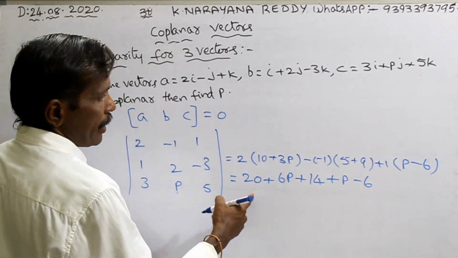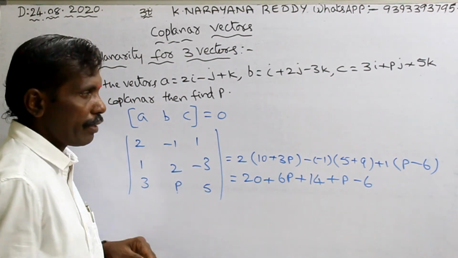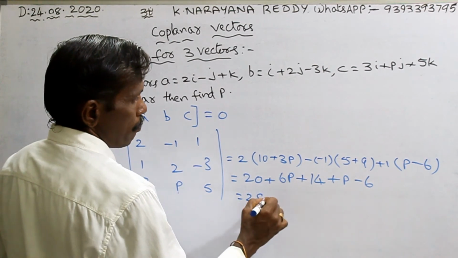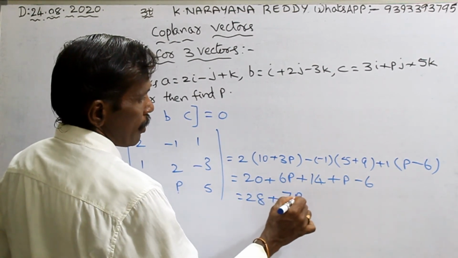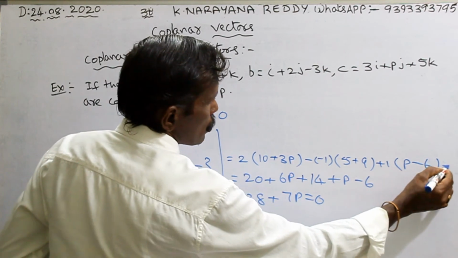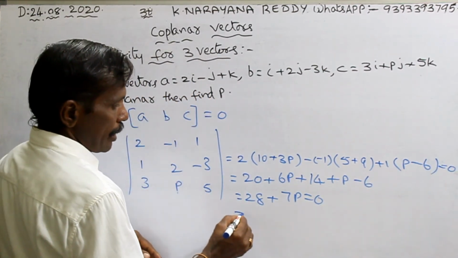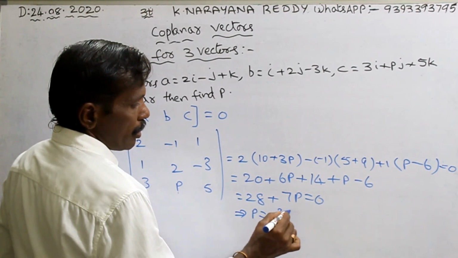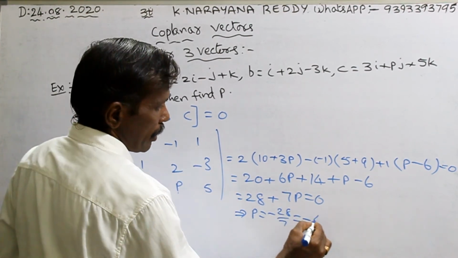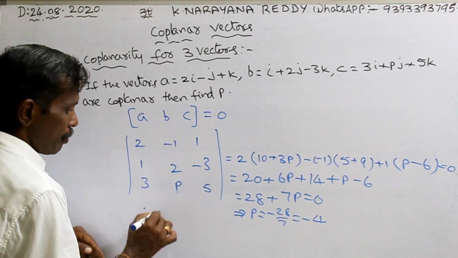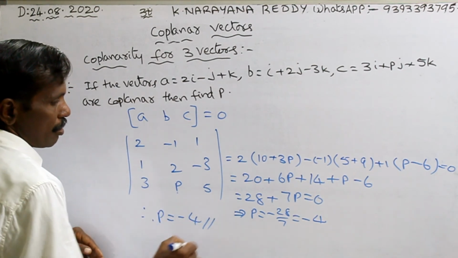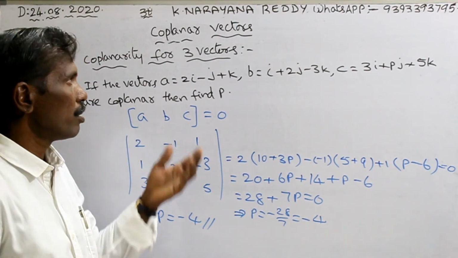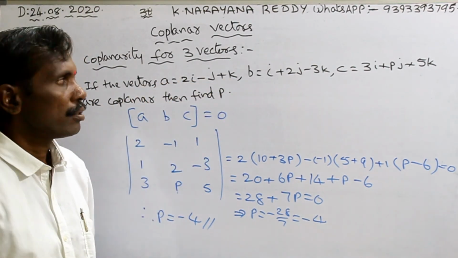Okay, 20 plus 14 is 34, minus 6 is 28, plus 6p plus p, 7p equals 0. Okay, this implies p equals minus 28 by 7, minus 4. Therefore, p value equals minus 4. That's all. Okay, simple. Simply you can find the determinant of the given vectors.